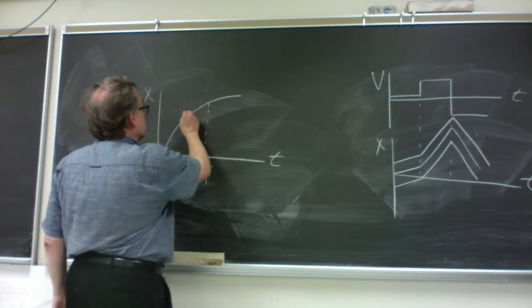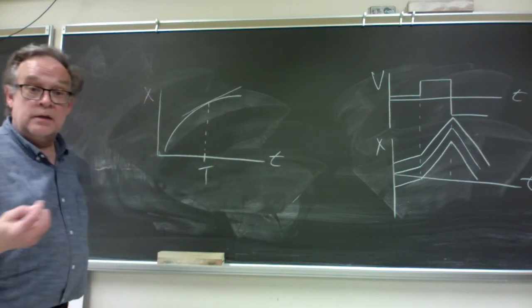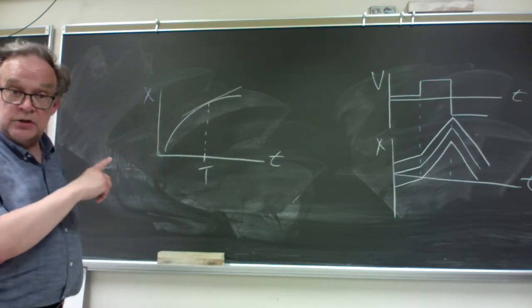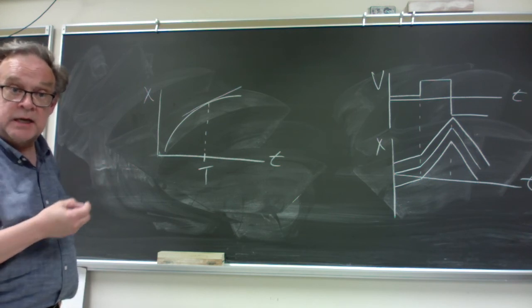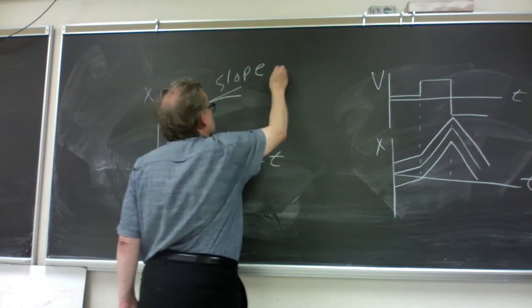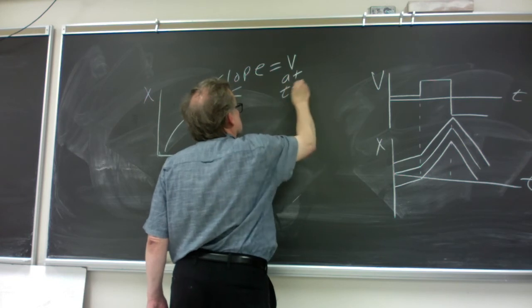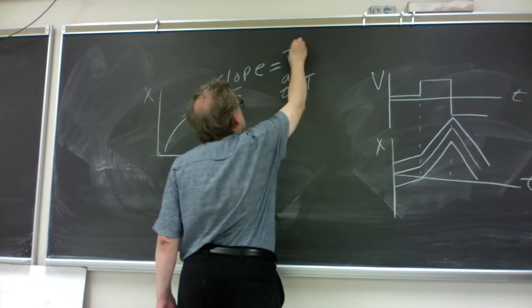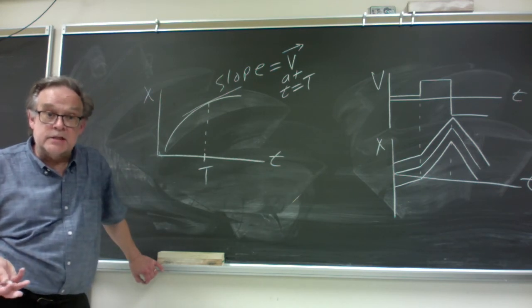So it would look something like this. Now that's a straight line, and the slope of that straight line is the velocity at time capital T. And that's the idea.